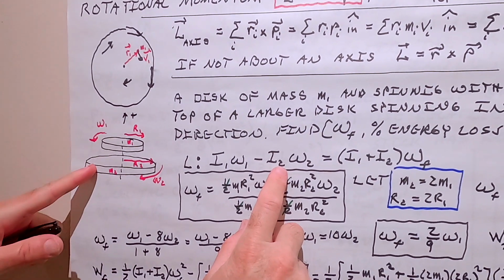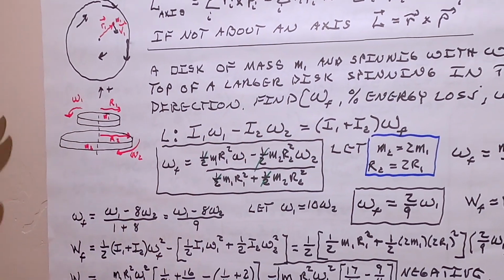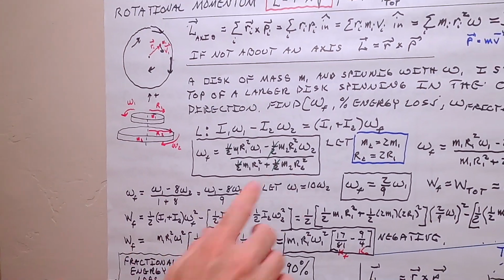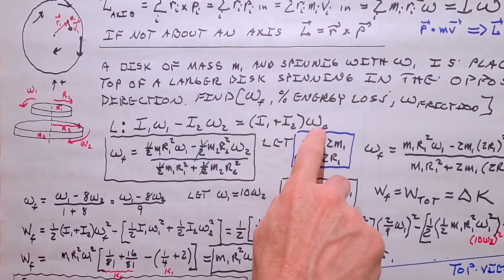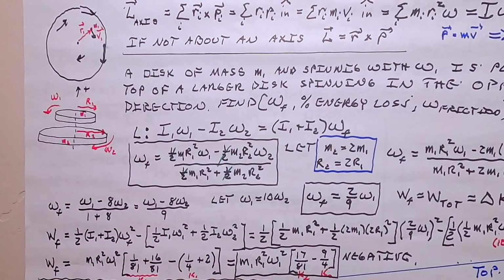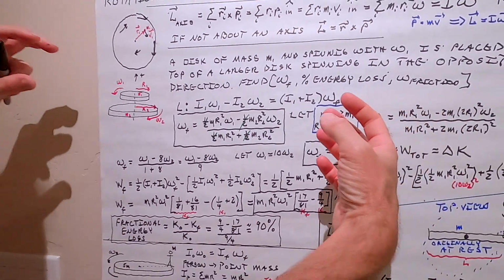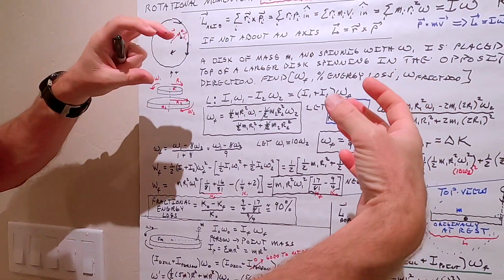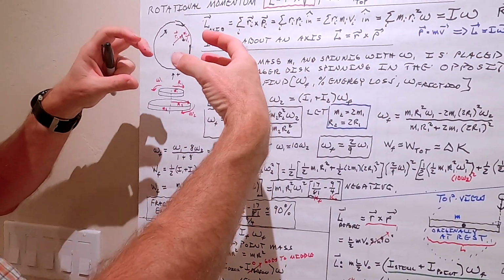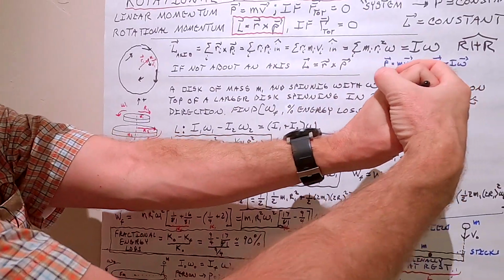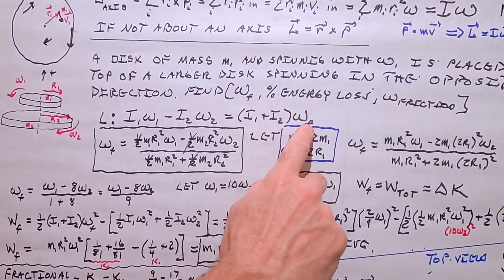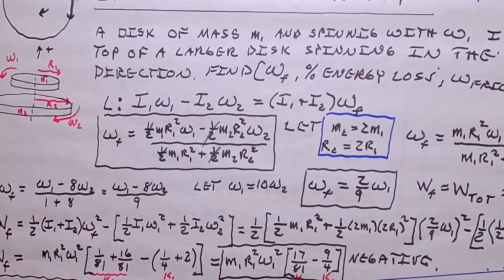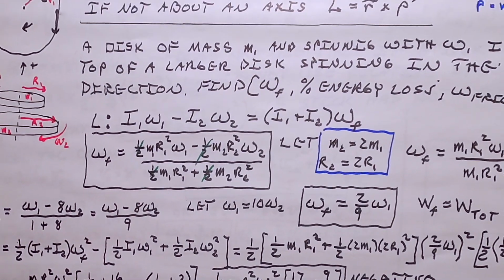And then after they stick together and they're moving together, it's just the sum of the two I's times omega. This was just like two objects coming at each other and colliding and sticking. What did we say? We said this momentum minus this momentum, and then when they stuck, and let's say they went off that way, you added their masses times their final velocity. It's exactly the same way.